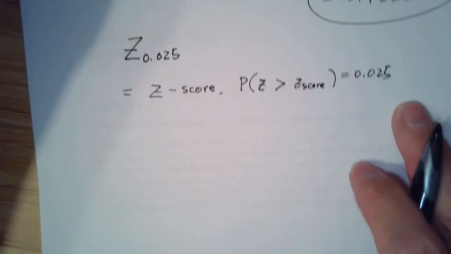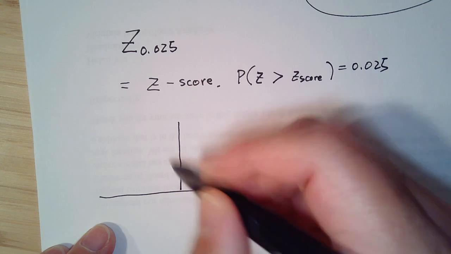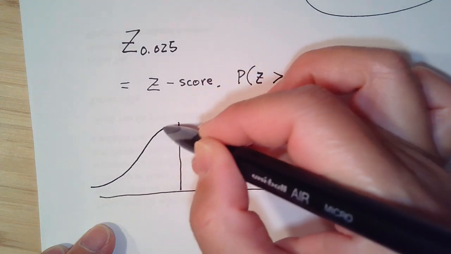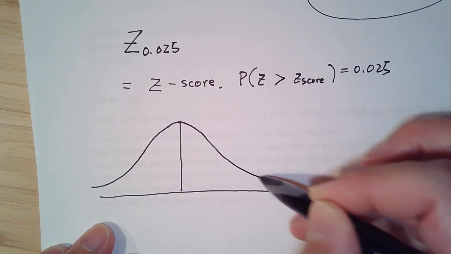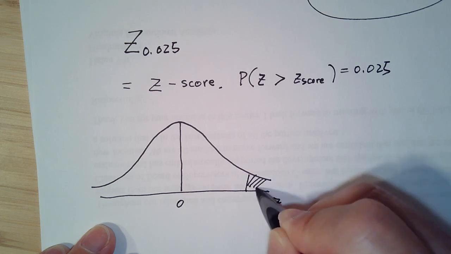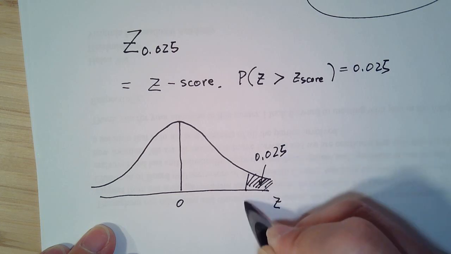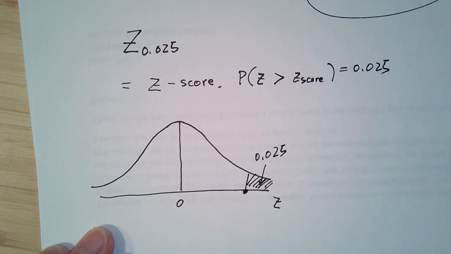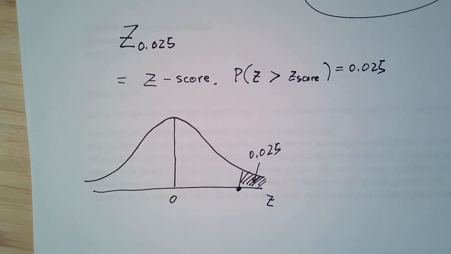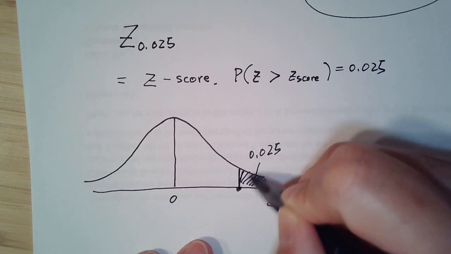It means I'm asking you to find z, and I give you this little area, 0.025, and I'm asking you for this z-score. Okay, so you see the idea.